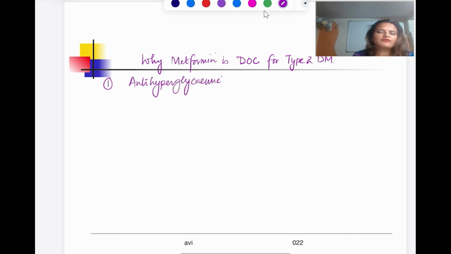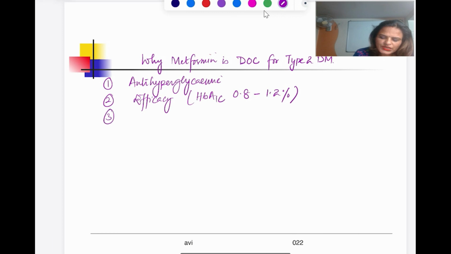So just like with the sulfonylurea group of drug, they are a hypoglycemic. Then efficacy. It is efficacious. Efficacy is good. It is going to cause a reduction of HbA1c by 0.8 to 1.2%.